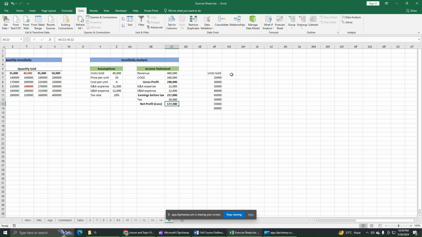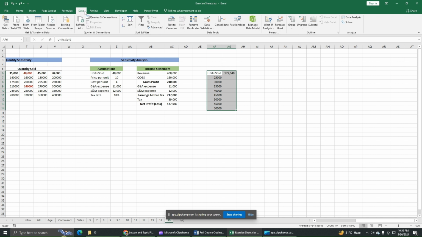So to do that, in this place we have to keep the net profit. And now I'm deleting this data, or we can keep that. I'm selecting this whole data range.